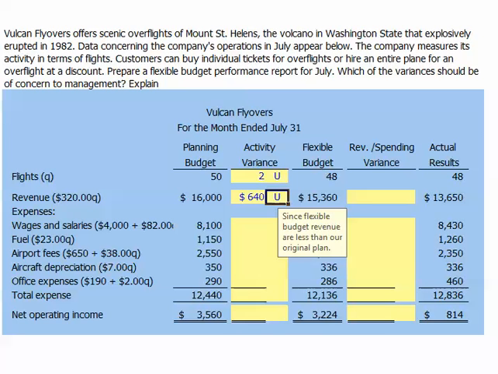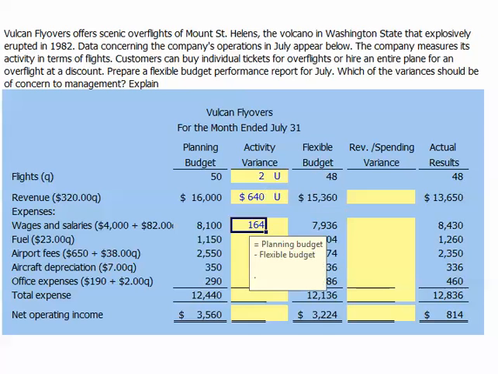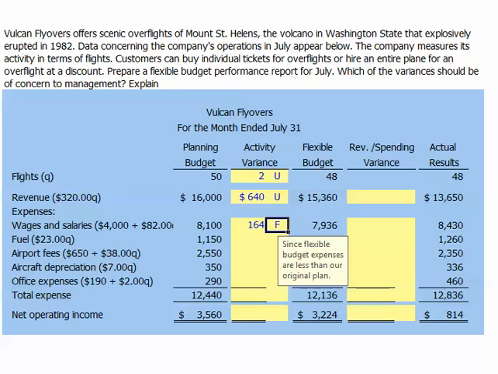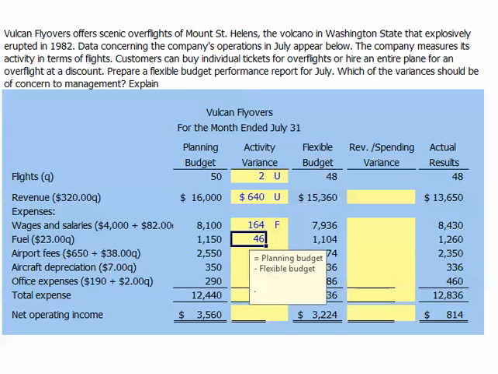In terms of our expense variances, all of our activity variances for our expenses will be favorable since our activity level was below our original plan. Wages and salaries, our variance is $164, and again it is favorable since our flexible budget expense is less than our original plan. For fuel, our variance is $46.